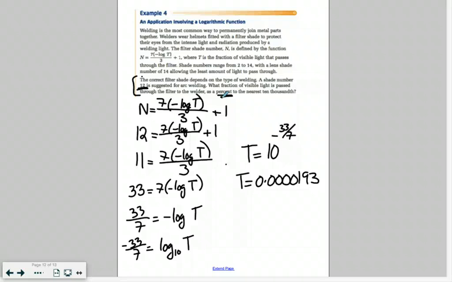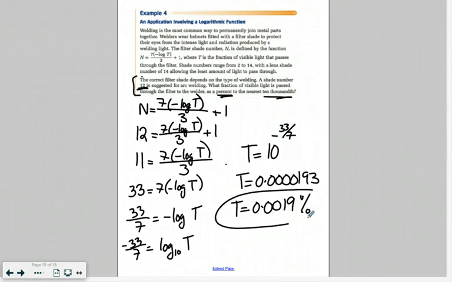So I'm going to take that value and multiply it by 100. And now t is equal to 0.00, and it said nearest 10,000th, so that's tenths, hundredths, thousandths, 10,000ths. So 0.0019%. That's the percentage of light that's actually getting through that filter.